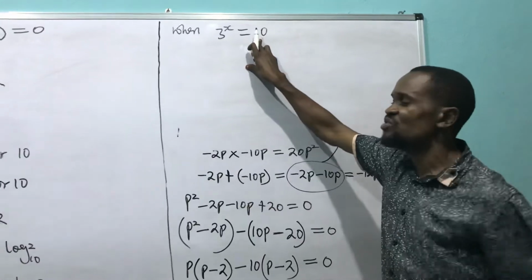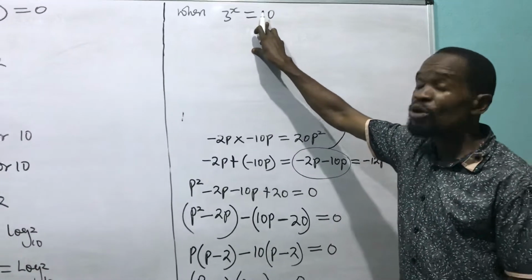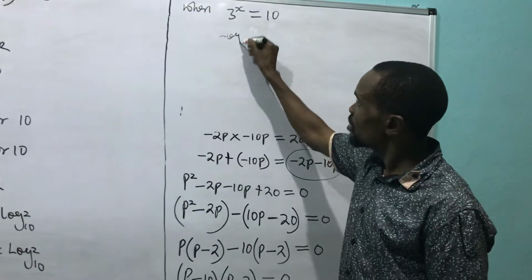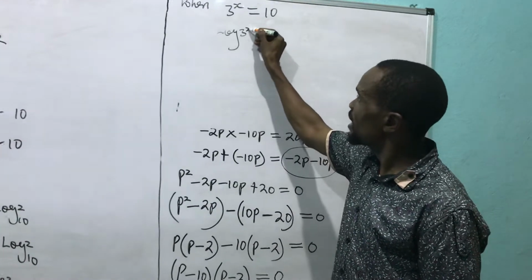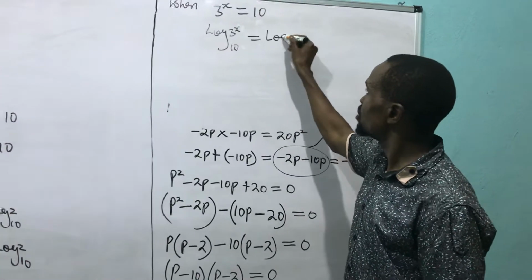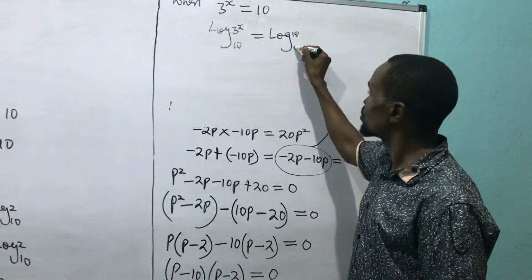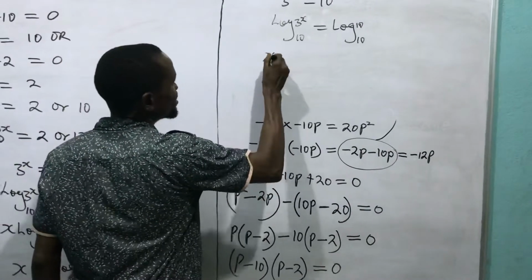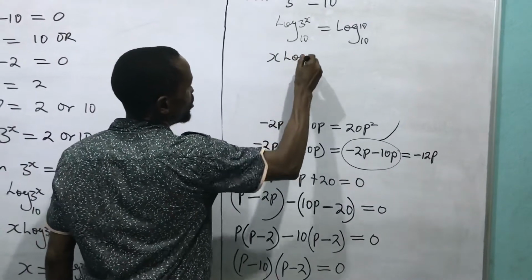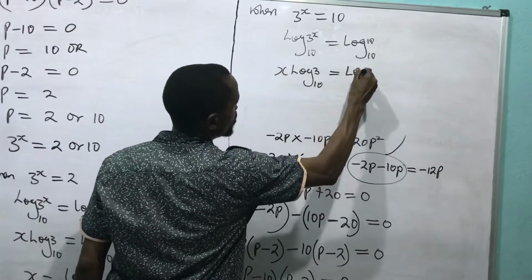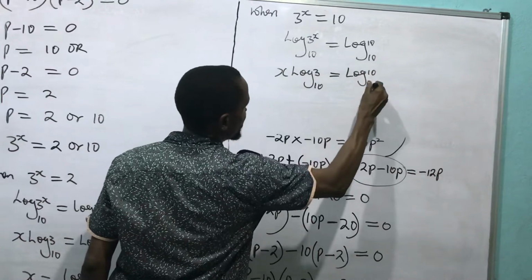I do the same thing I did here. Taking common log of both sides, log of 3 raised to the power X base 10 equals log of 10 base 10. Then this lands me at X log of 3 base 10 equals log of 10 base 10.